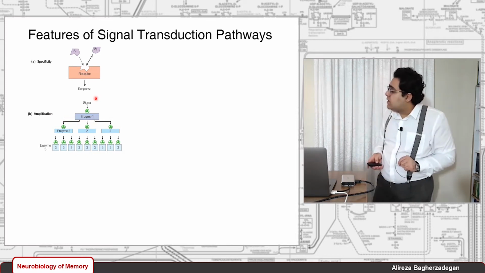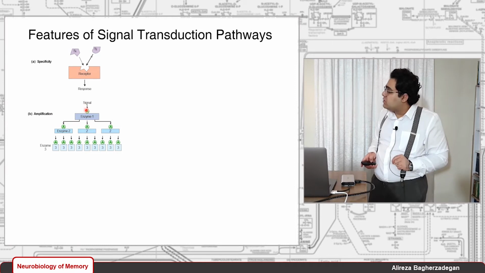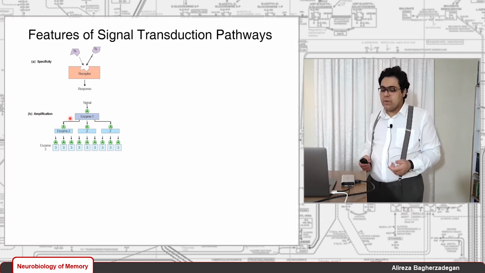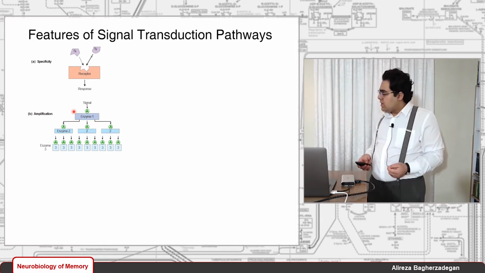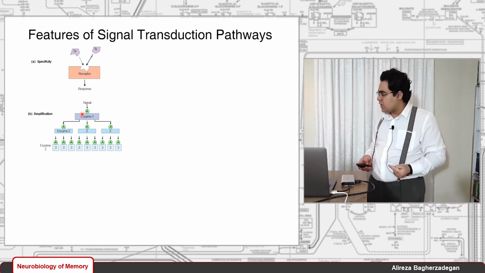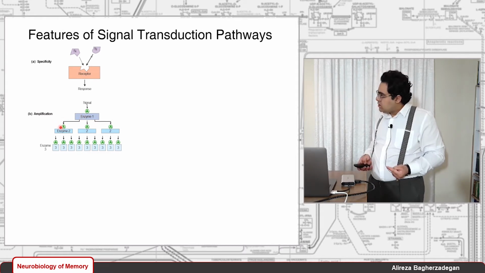For example, in this case we have a signal, okay? And that signal, or our first messenger here, activates enzyme 1. Enzyme 1 can be a transducer. It only needs to activate one of those enzyme 1s. Each one of these enzyme 1s is going to activate a number of enzyme 2s.